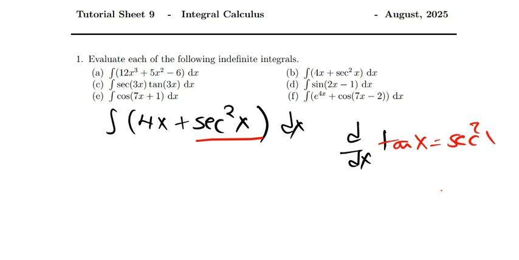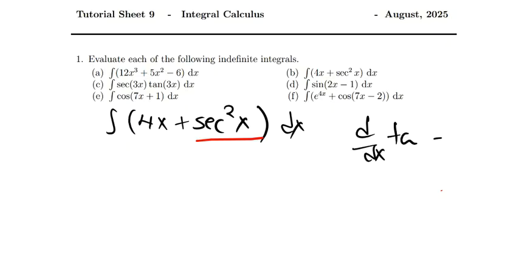So therefore, the integral of secant squared of x should be able to give us what? Tan squared of x. Not tan squared. The derivative of tan rather, is what? Secant squared of x. So therefore, the integral of secant squared of x is tan of x.